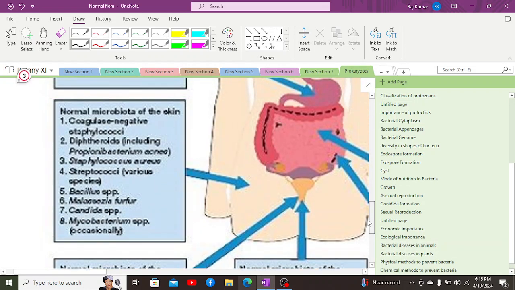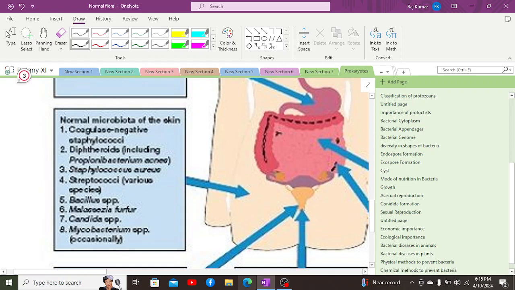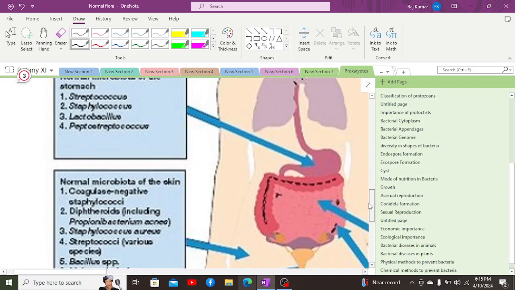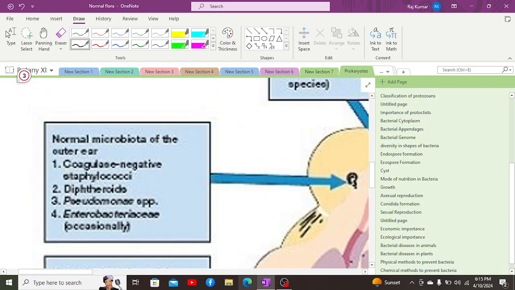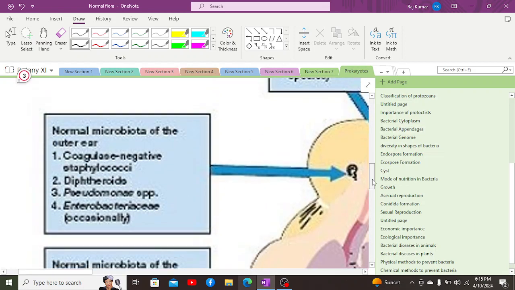In the case of the skin, we have Staphylococcus aureus, as well as Staphylococci, Mycobacterium species, and some Bacillus species. In the stomach, there is Streptococcus, Staphylococcus, Lactobacillus, and Peptostreptococcus.